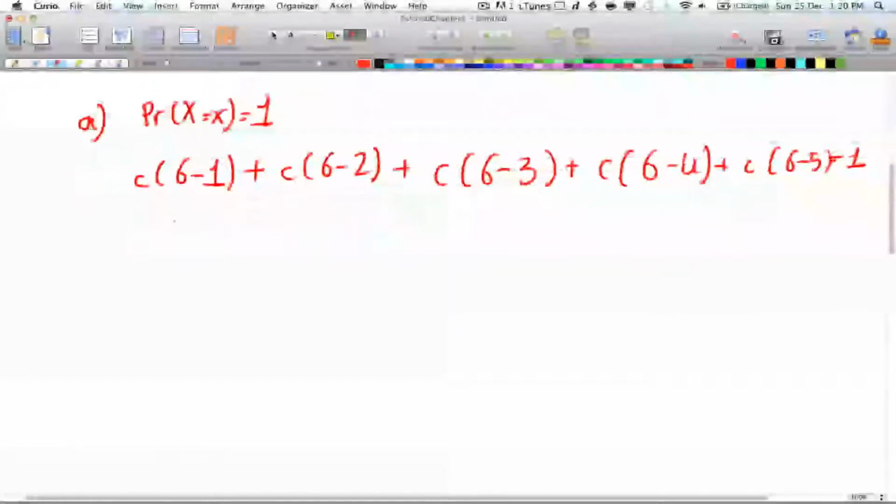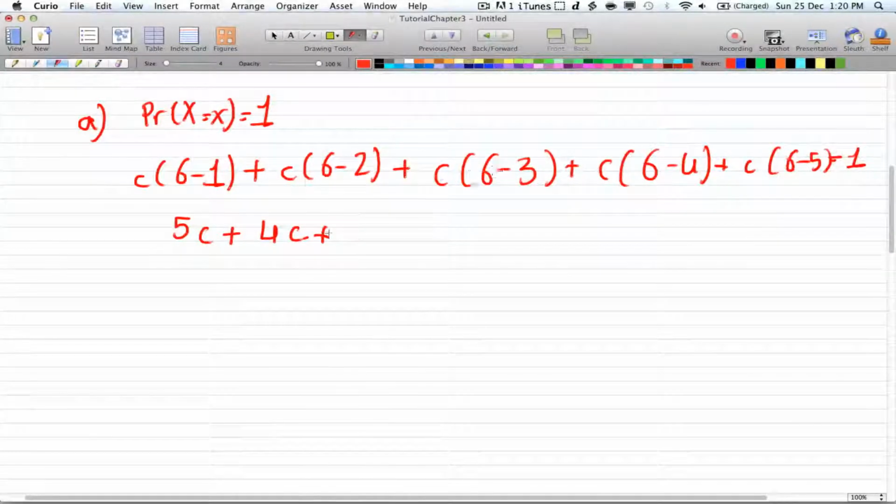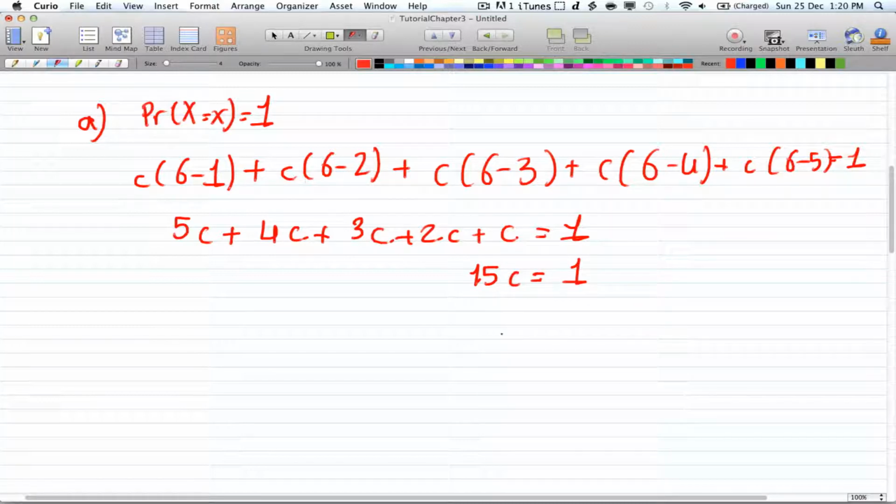Here we have 5c plus 4c plus 3c plus 2c plus c is equal to 1. And that gives us 3, 6, 10, 15, so that will be 15c equals 1. That will give you c is equal to 1 over 15.